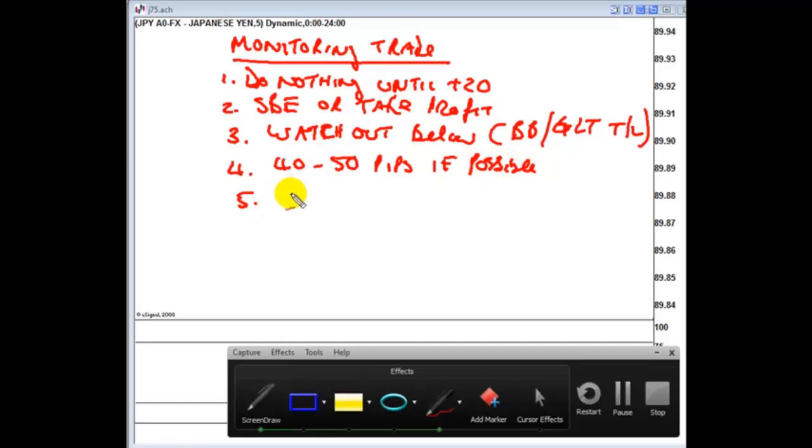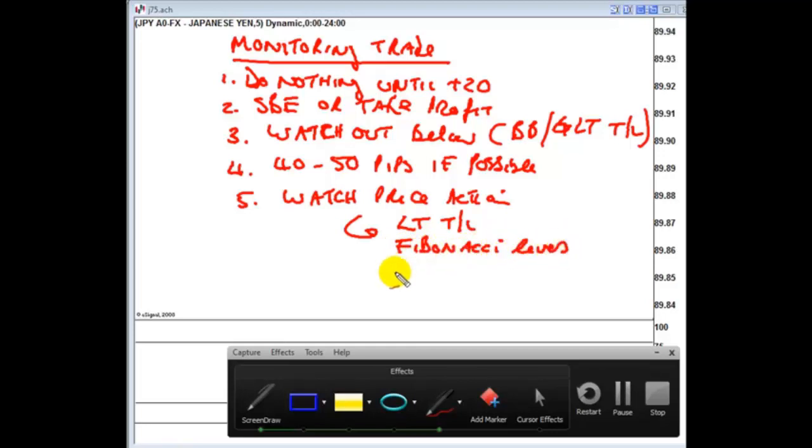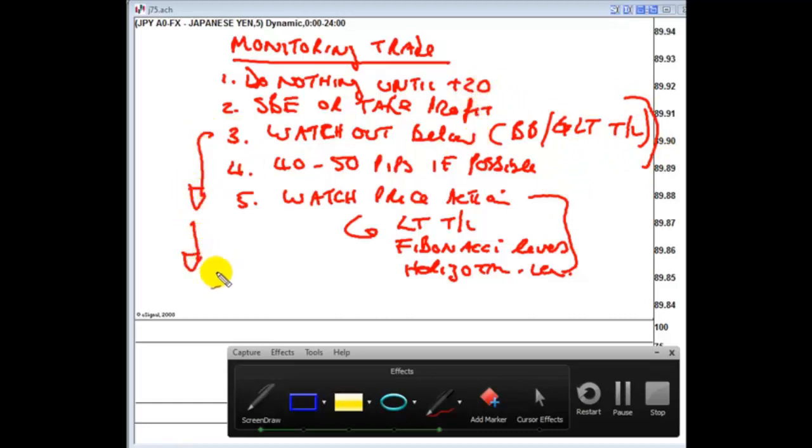And number five, the principle is to watch price action. And you could get even more advanced on this and say watch it around the longer term trend line, or Fibonacci levels or horizontal levels, etc. Now, all of this stuff here, watching price action and watching out below and from 3 downwards, some of it gets based on experience.